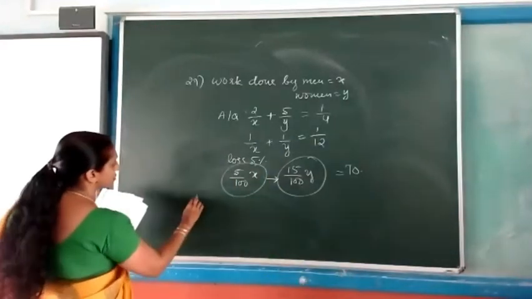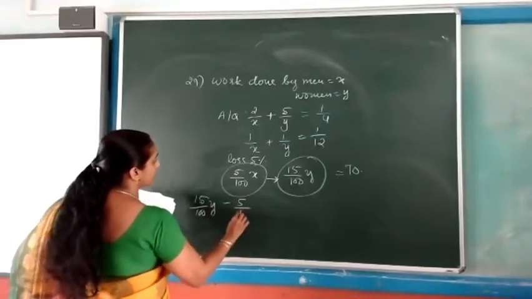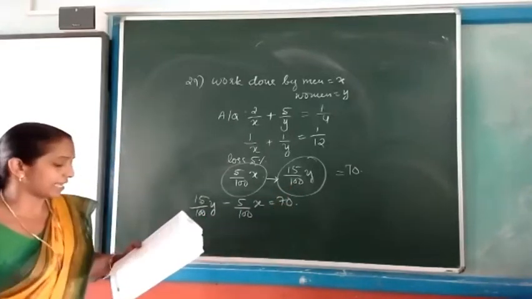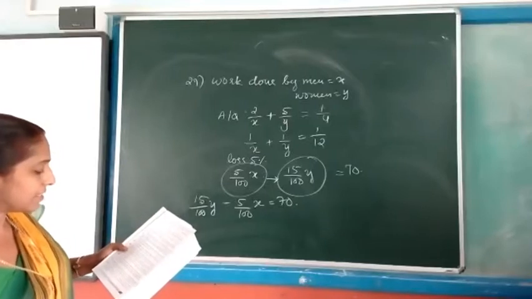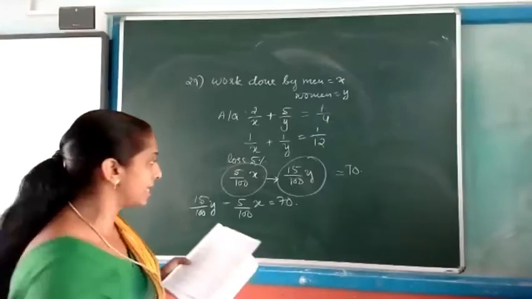So you will write the first condition: 15 by 100 of Y minus 5 by 100 of X is equal to 70. Similarly, in the second case, tea set at 5% gain, lemon set at 10% gain. So in both places he has a gain.